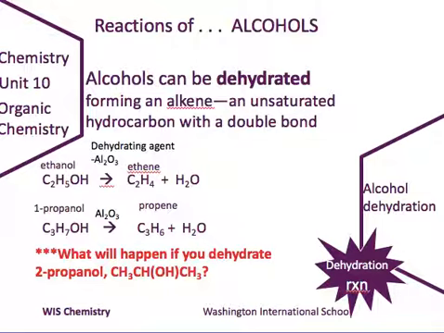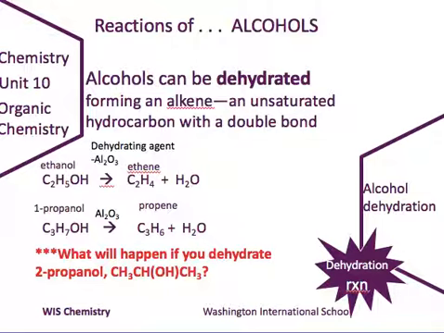Another reaction: the alcohols can be dehydrated, forming an alkene. So really it's a preparation of an alkene as well. Here showing ethanol producing ethene and water, and you're using aluminum oxide as the dehydrating agent.